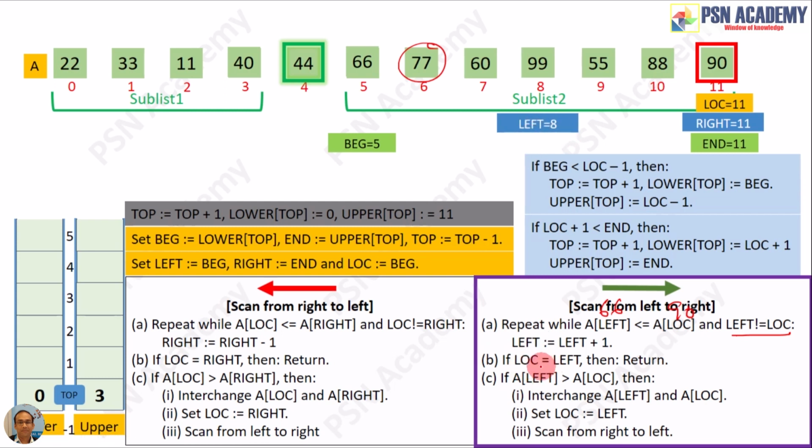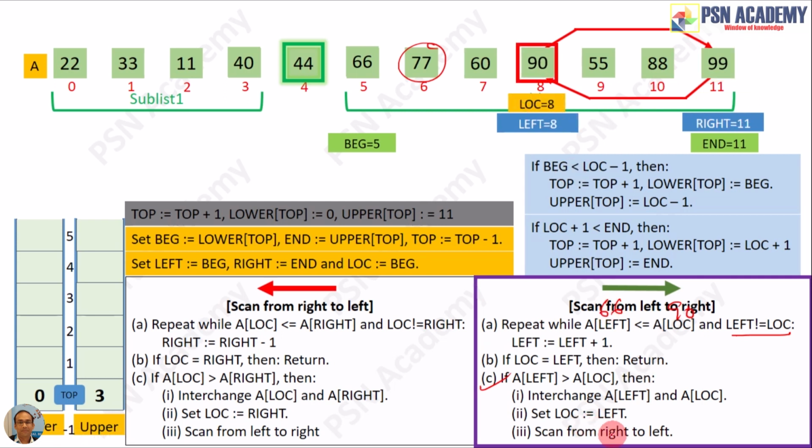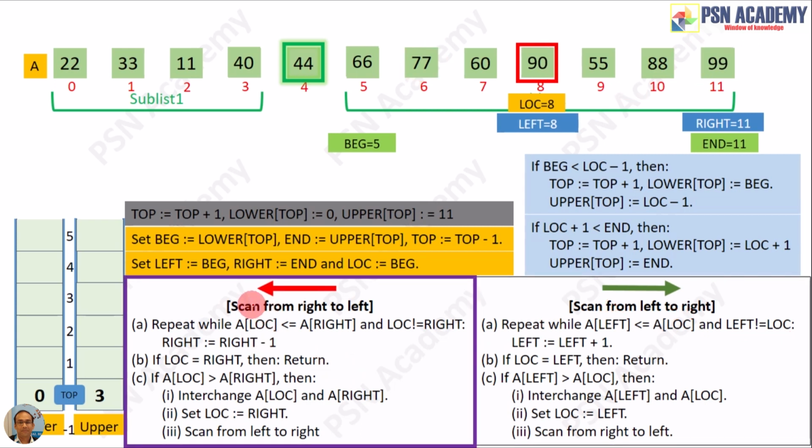We find B that it is not true. So we go to C, we interchange. So 99 comes over here and 90 comes over here. So your pivot is at 8 now. So you bring LOC from 11 to 8. And then you start scanning from right to left. That means this block. You find A LOC, that is 90.